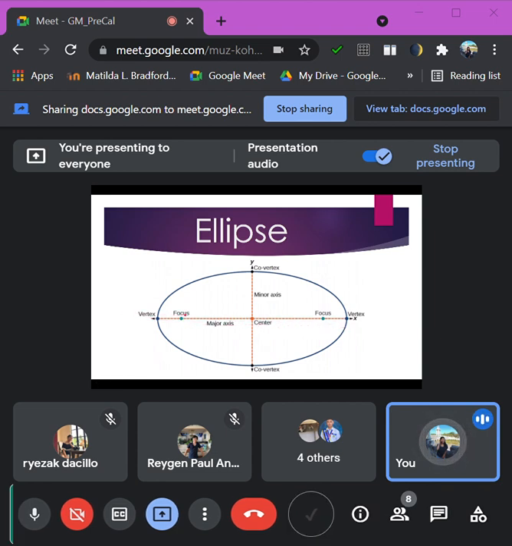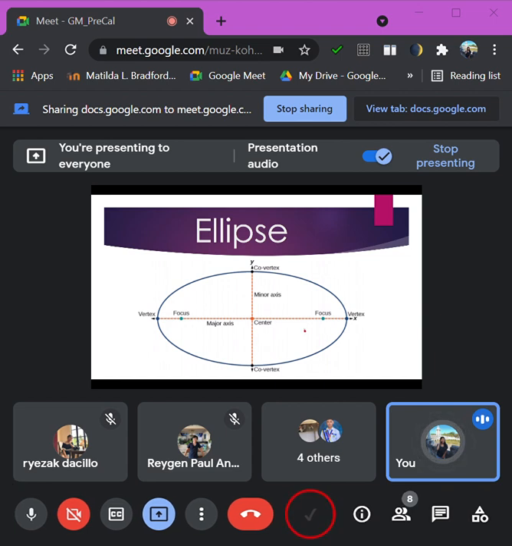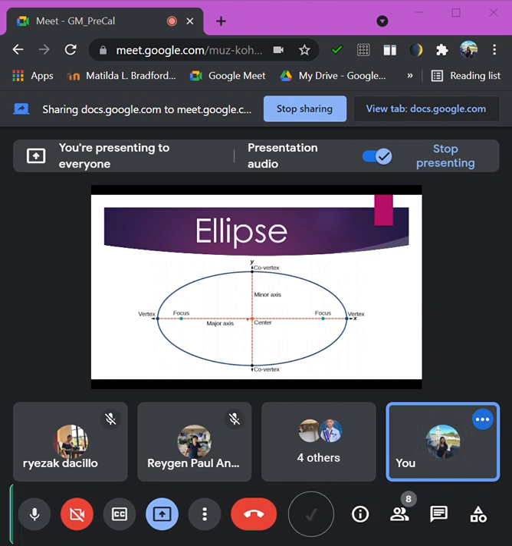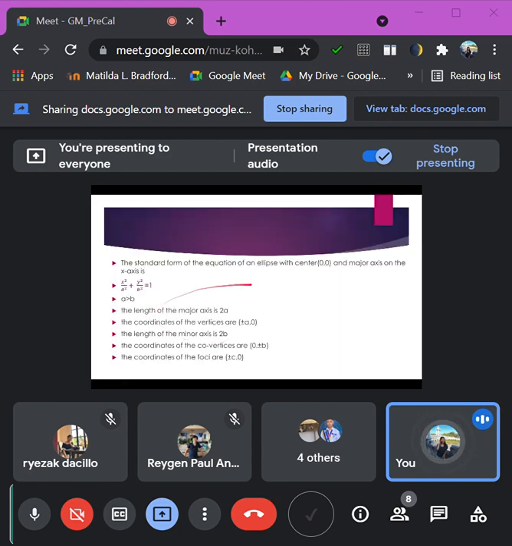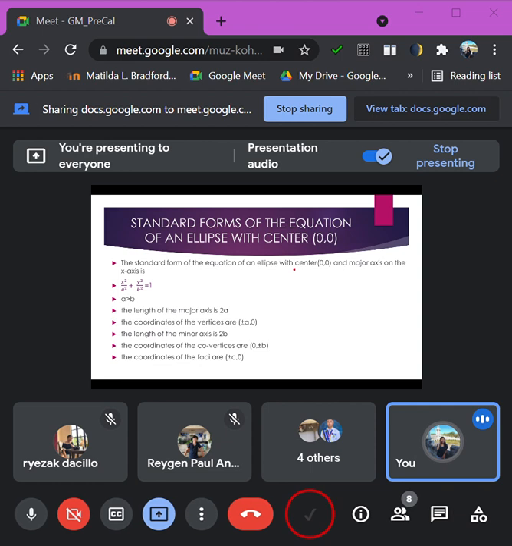So the value is here, and then that is equivalent to 0 because it is the origin, class. If the center is the origin, it is 0, 0. Okay? So, that is how you are going to have the standard form of the equation of an ellipse with a center 0, 0 or origin.